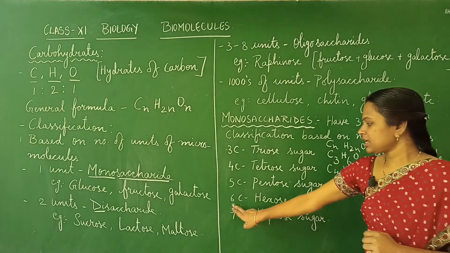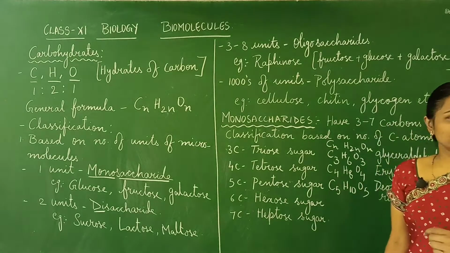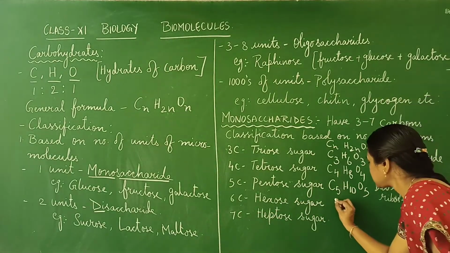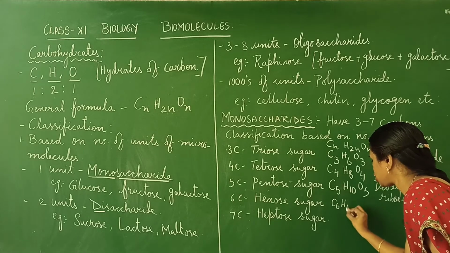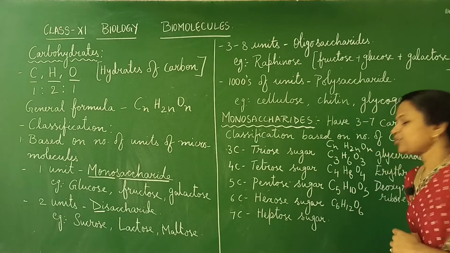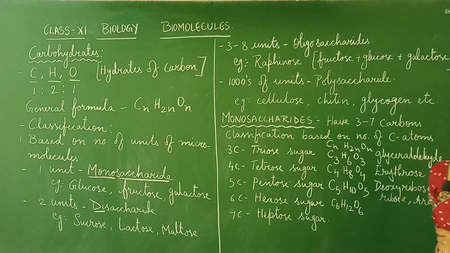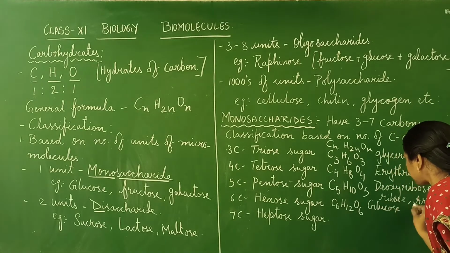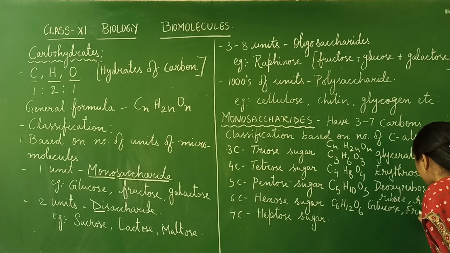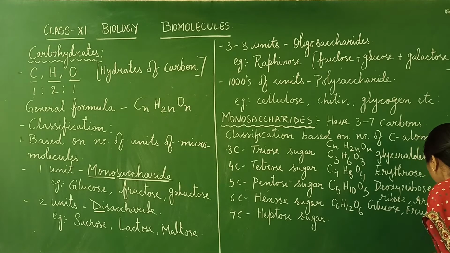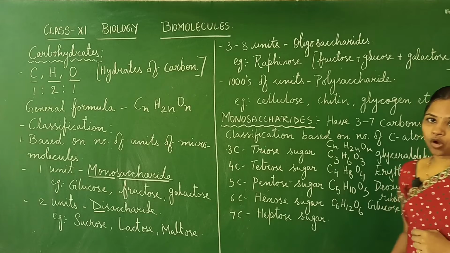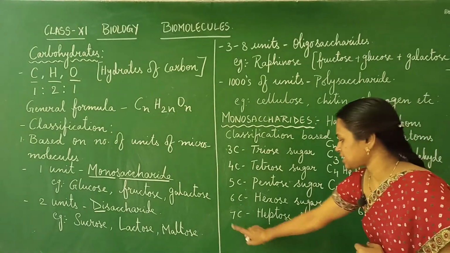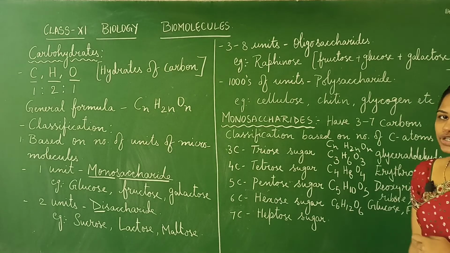Now, coming to the hexose sugars, hexa means 6. So, it is C6H12O6. We are quite familiar with this formula, that is glucose. Glucose comes under this. You have fructose and galactose also. And then coming to the 7 carbon atom sugar, it is heptose.